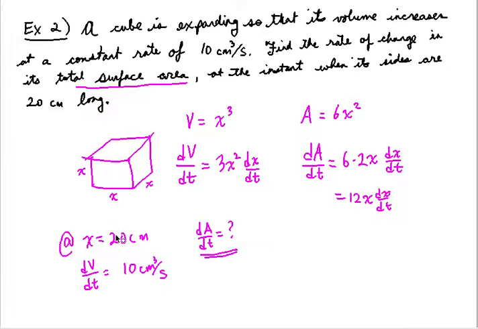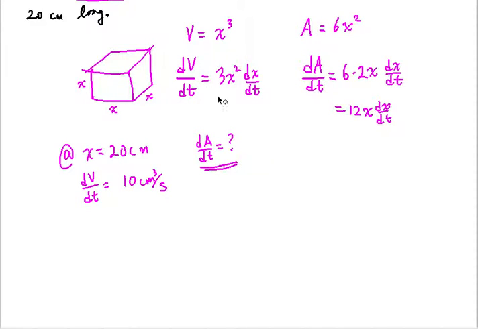So these are what I need. Maybe I can use this information at this instant to find dx/dt, since I know dV/dt and I know x. Then I could find the rate of change of x with respect to time at that particular instant. So I'm going to do that down here.